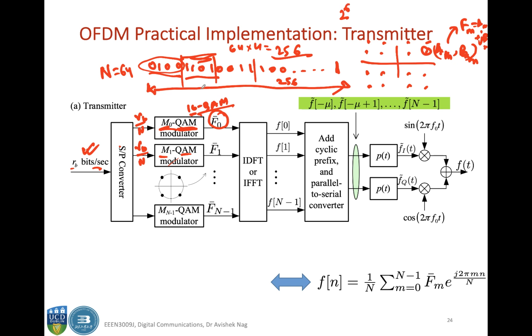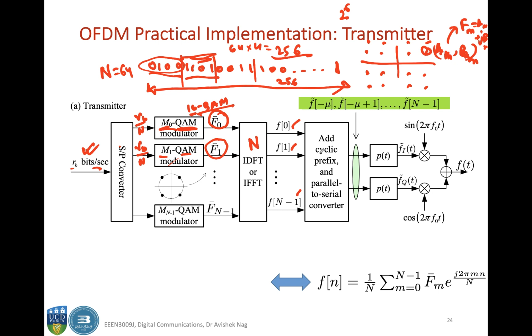Then you map that to that constellation and choose F1 bar, and so on. Once you obtain F0 bar, F1 bar up to F_{N-1} bar, you do a capital N-point IDFT to obtain the time domain samples, small f0, f1 up to f_{N-1}.